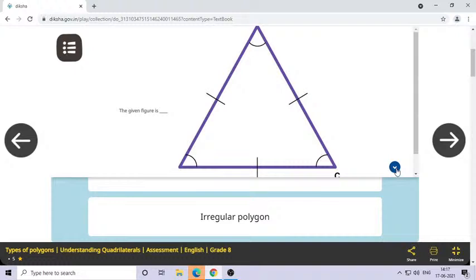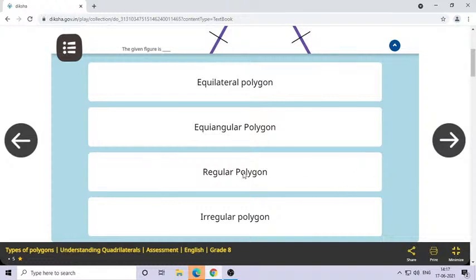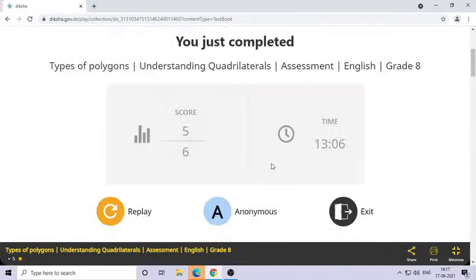So for this question, okay, the given figure is a regular polygon because all angles are equal here and all sides are equal. Let's go to the next question. Okay, one question was wrong, so we marked C, but D was the option. Even I told you to just check between C and D. Okay, so let's go to the next part.